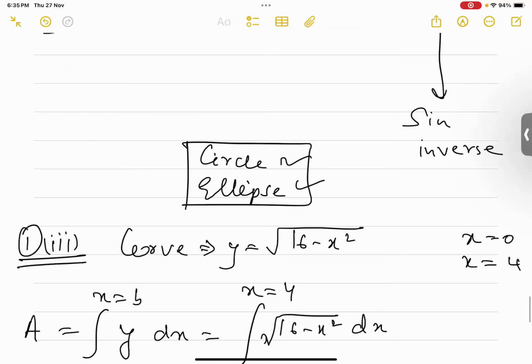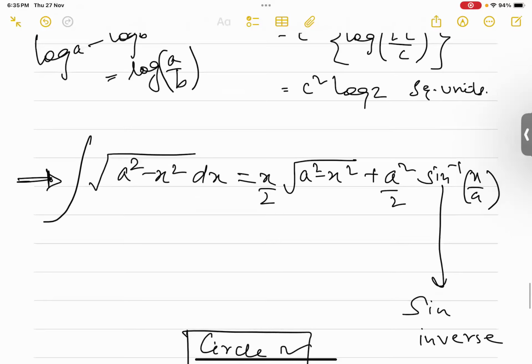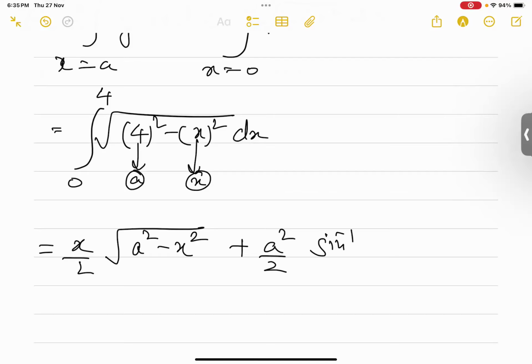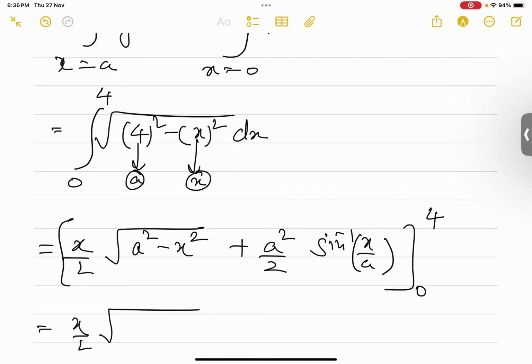Now which formula is this? Isn't it this formula, root of a square minus x square? Yes, it is the same formula. X by 2 root of a square minus x square plus a square by 2 sine inverse x by a. Upper limit, lower limit. Now tell me what is a?